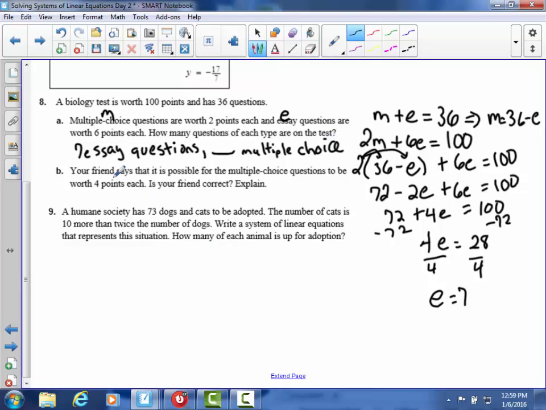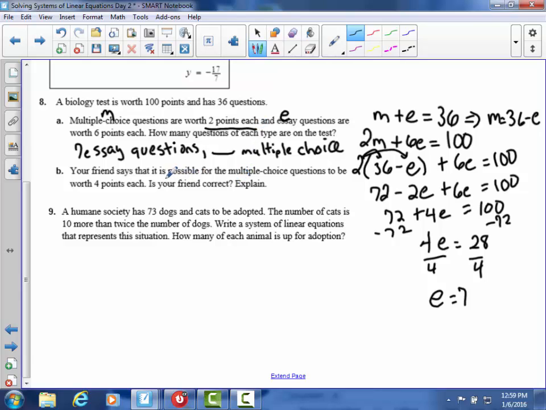All right, and then it says your friend says that it is possible for the multiple choice questions to be worth 4 points each. Is your friend correct? Explain. I think that's a bad question because it says they're worth 2 points each.